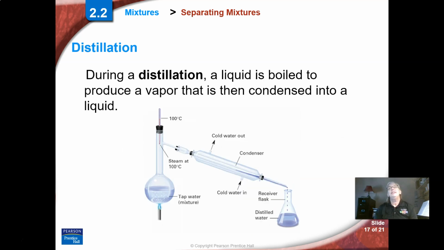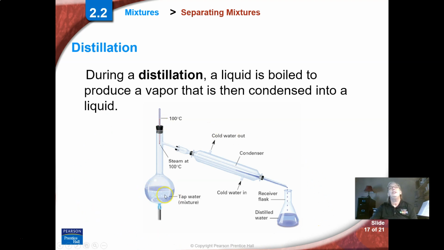Another thing we can do is when we have a mixture of two liquids together, sometimes one will boil away at a higher temperature and one will boil away at a lower temperature. And we can use this thing called a distillation apparatus. That word right there, distillation. This whole setup is a distillation apparatus.